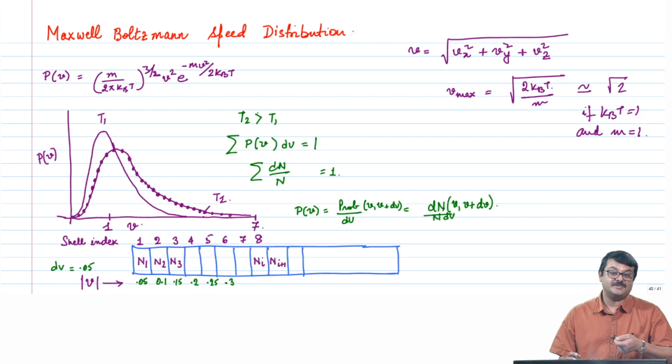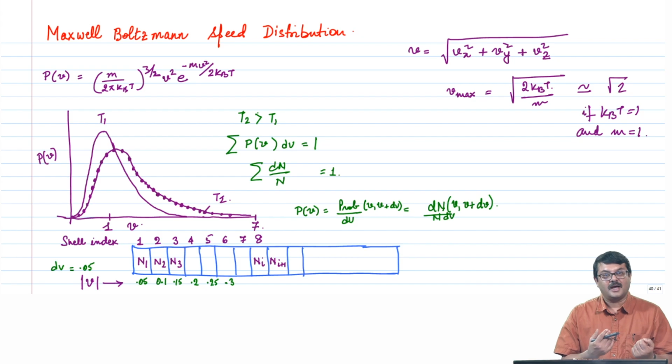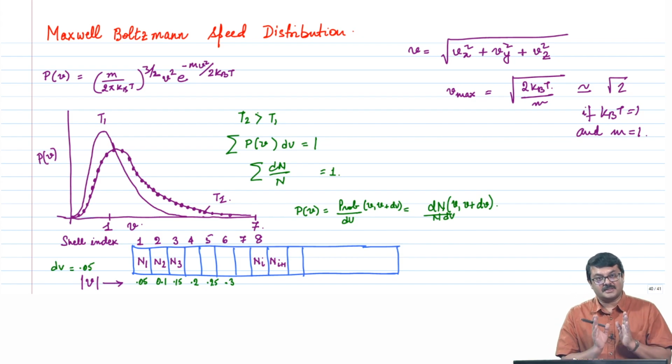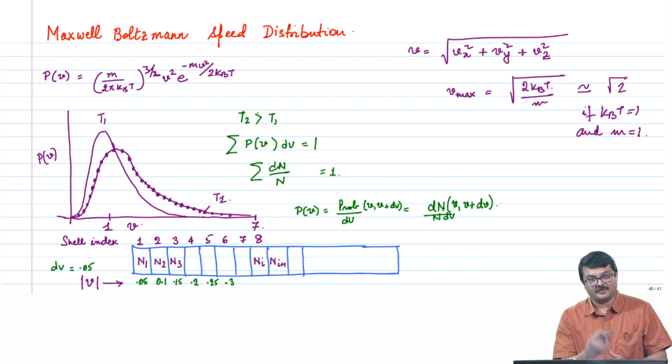Because if you chose dv to be smaller, say instead of 0.05 you chose it to be 0.001, then you are going to find far fewer particles between 0 and 0.001. Suppose n1 was the average number of particles moving with speed between 0 and 0.05.